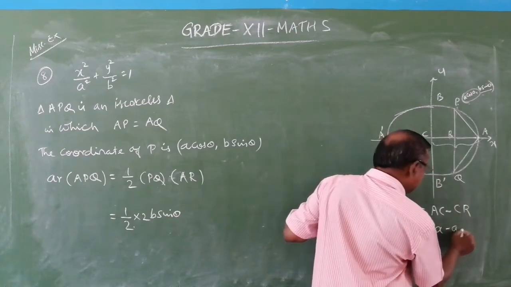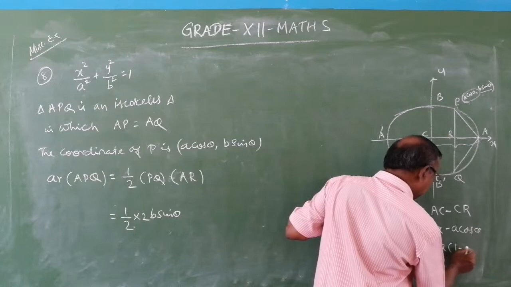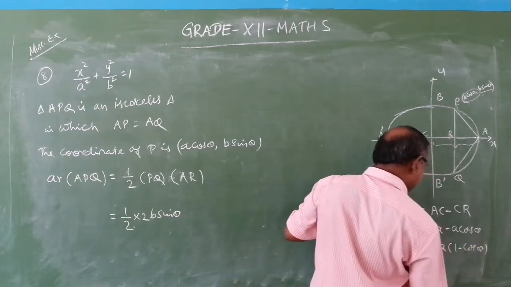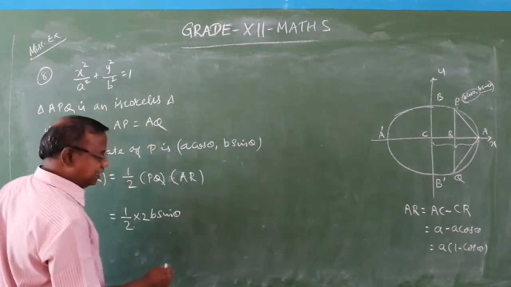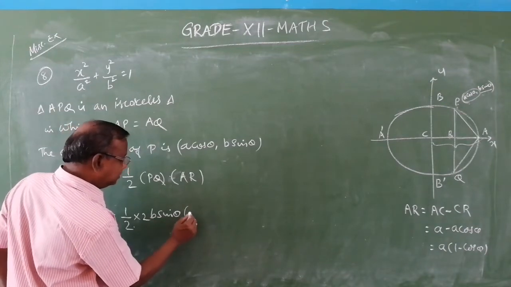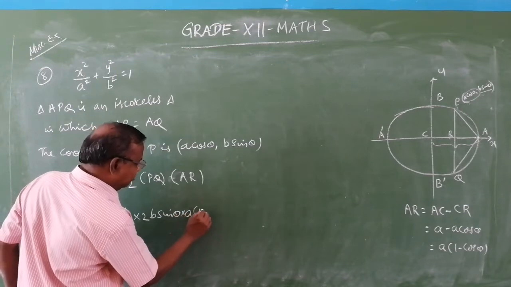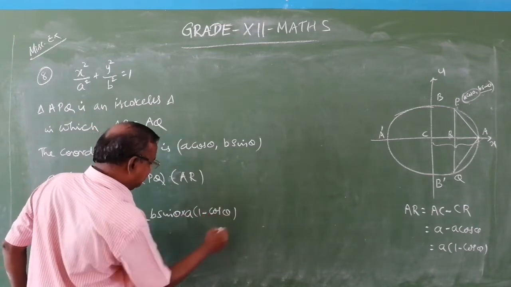So A minus A cos theta, that is A into 1 minus cos theta.